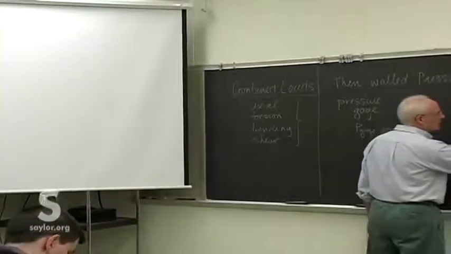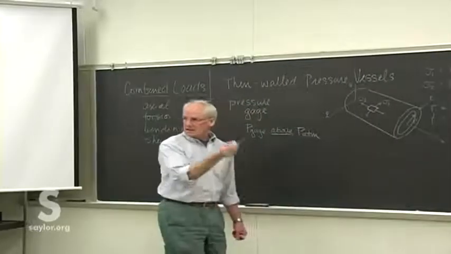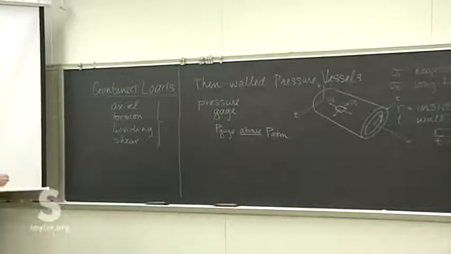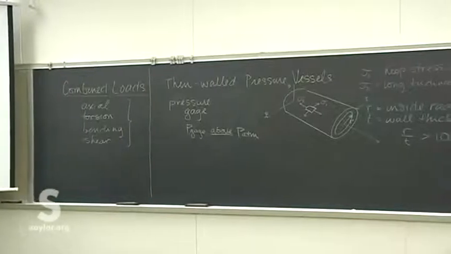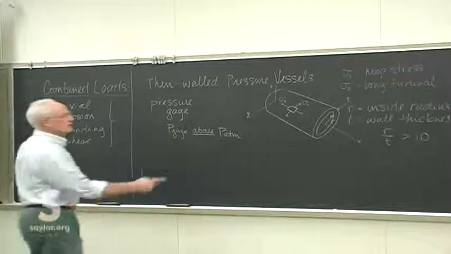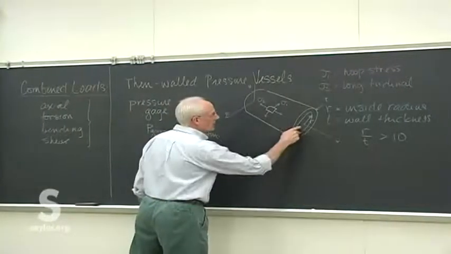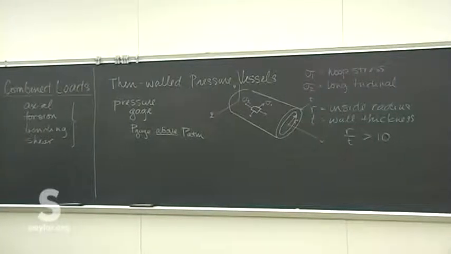What that allows us to do is we only need to look at the forces caused by the internal pressure. We don't need to balance that against the outside, the atmospheric pressure also pushing on the pressure vessel in towards the center. We can just ignore that because we subtract it off of both of them, so we only have the pressure above atmospheric to worry about.